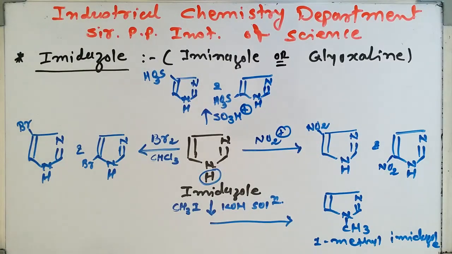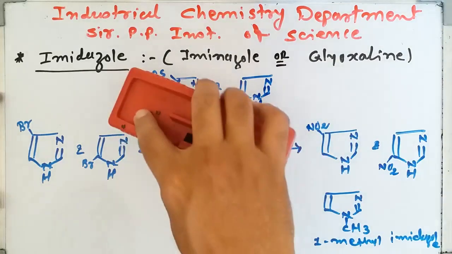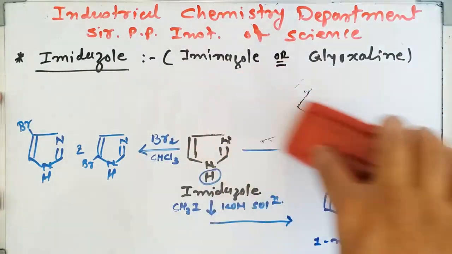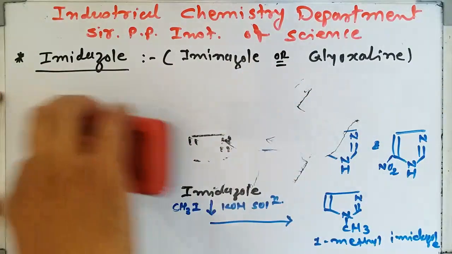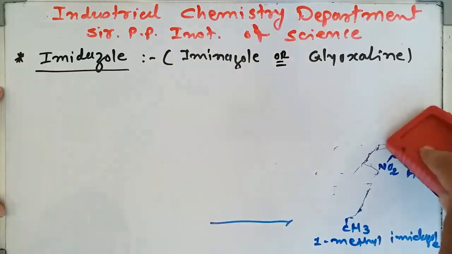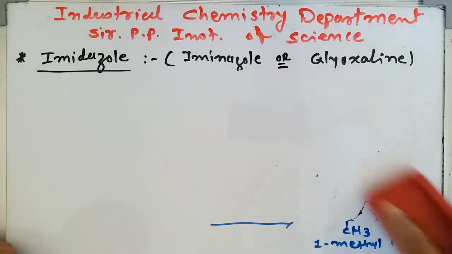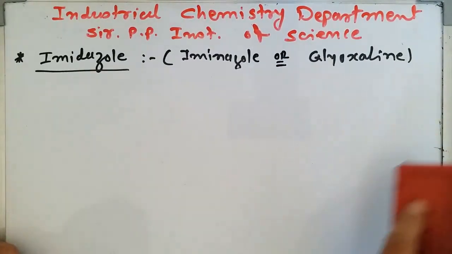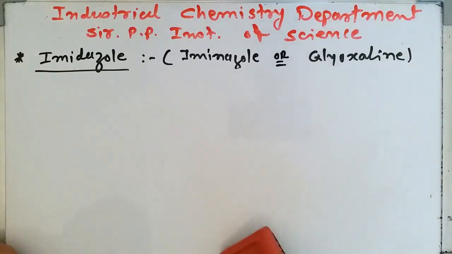And now last, the ring opening reaction of imidazole. When some reagents are treated with imidazole, the 5-member heterocyclic ring opens and we get a non-aromatic compound.